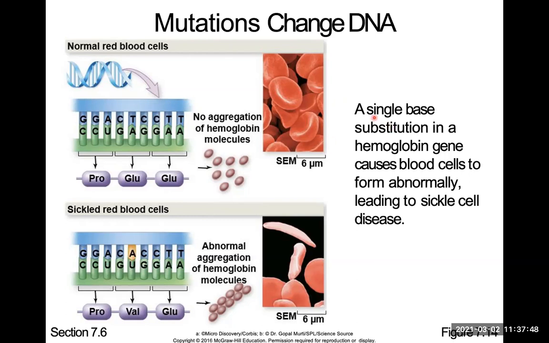You can even see that here, single base substitution. So there's a substitution mutation, one letter changed. But what happened? These 3 letters stood for pro, GAG stood for glu, and then GAA glu again. Because when this one letter changed, now you have still pro, but this changed to valine, VAL, and then you still have glu, and that changed the shape.